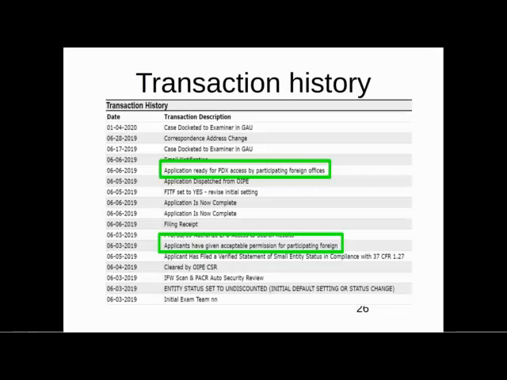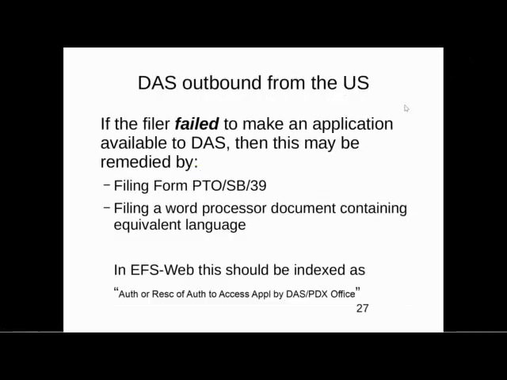So if you had a goal of making it available to DAS, you might well want to take a look in the transaction history and make sure these two entries are visible.